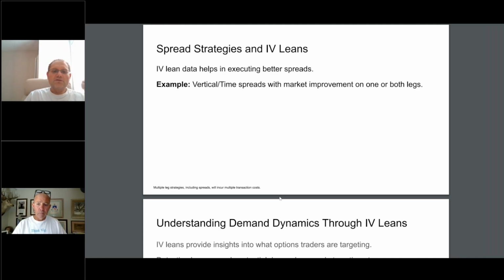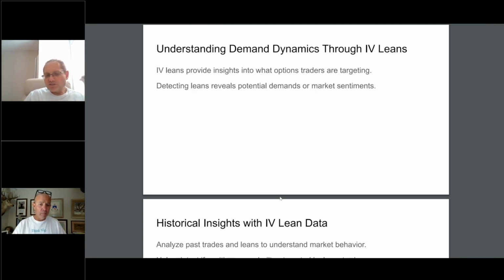And then there's just understanding the dynamics through IV leans. It could provide you with insights. You open up the options chain, what's going on? Oh, here's an IV lean in this upside call all of a sudden.